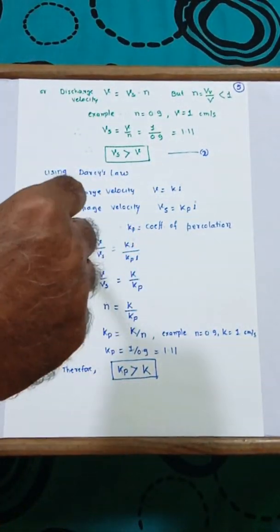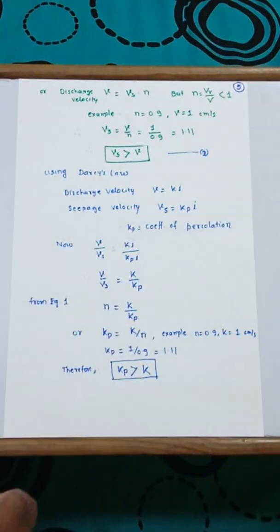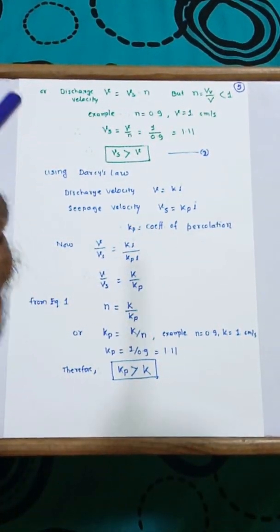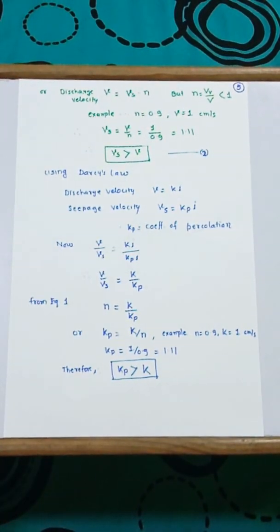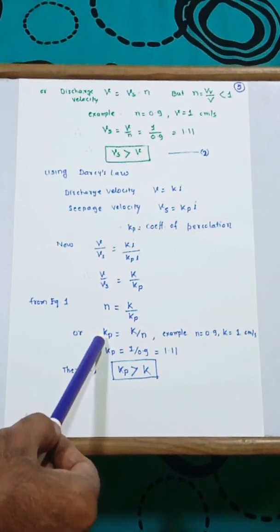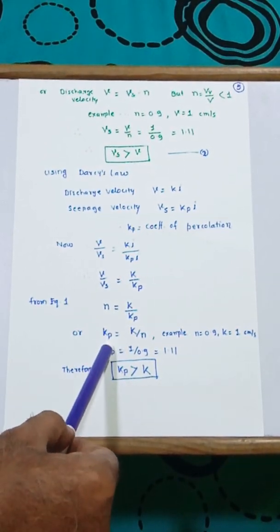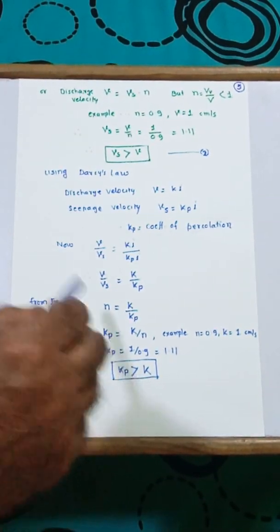When flow takes place through the total area A, and when flow takes place through the area of voids, that time the K, which we call KP, is called the coefficient of percolation, P for percolation. It means it is through voids only.